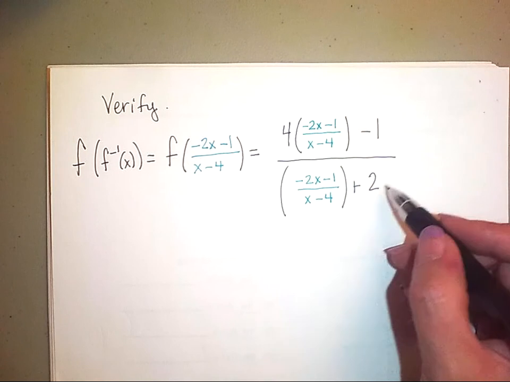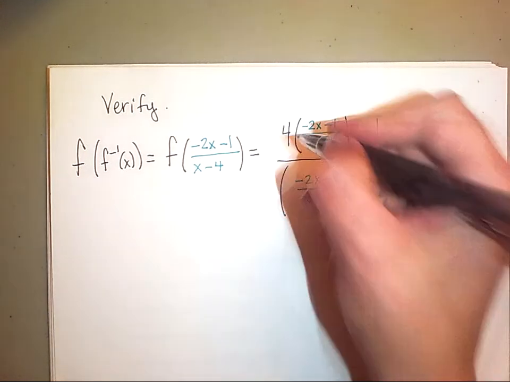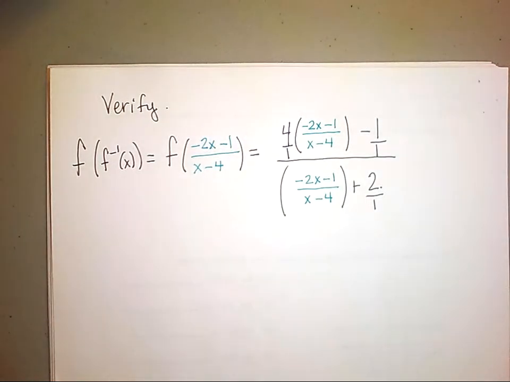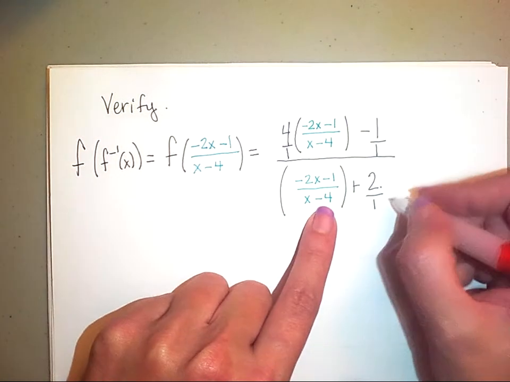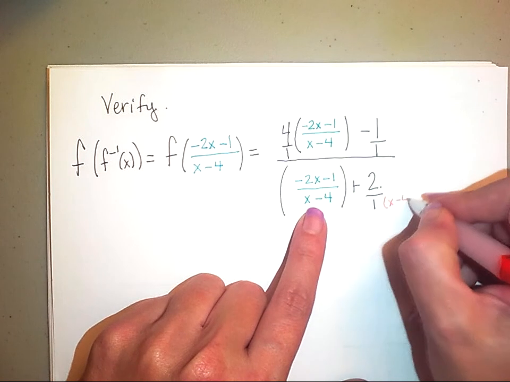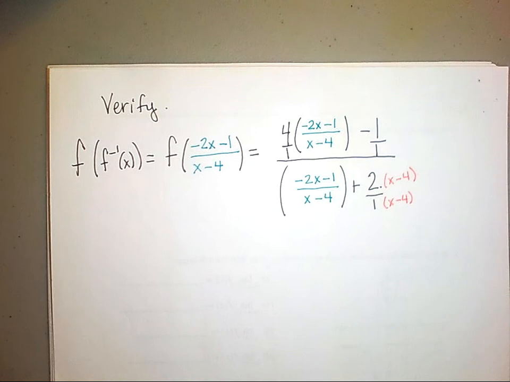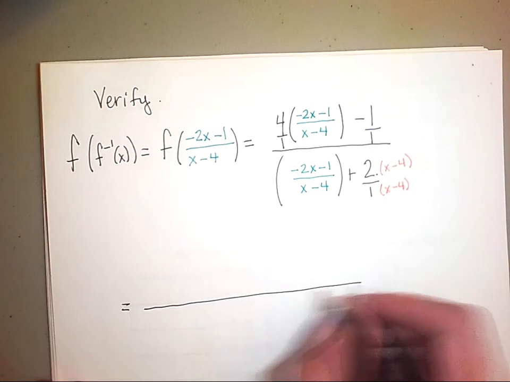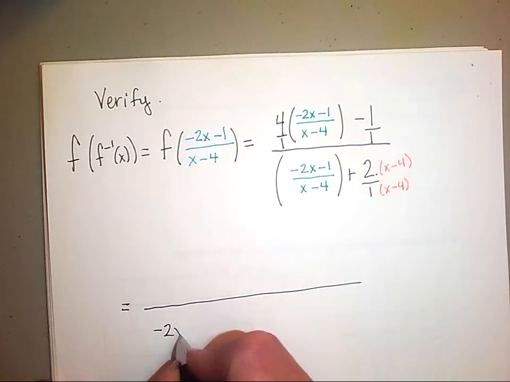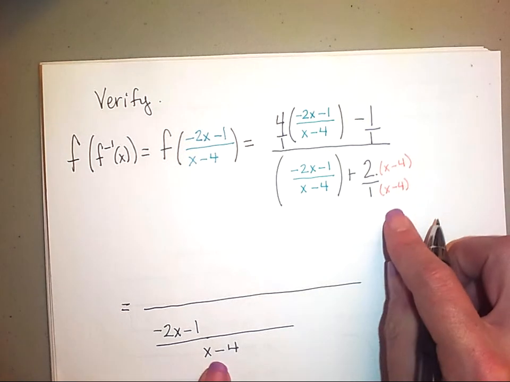Now, we have a fraction, and we need to add something to it, so let's remember we can write these things. Now, working in the denominator, if I want to have the same common denominator, I have to multiply this by x minus 4 and this by x minus 4. So let's just work with the denominator first. Okay. So I'll just copy this, negative 2x minus 1 over, and I'll write it over our common denominator, x minus 4.